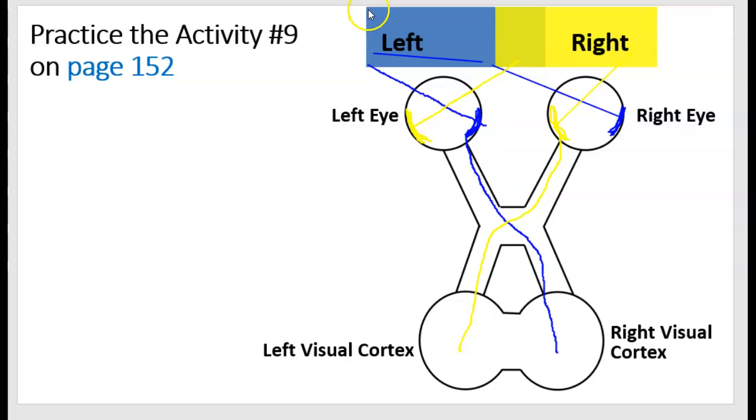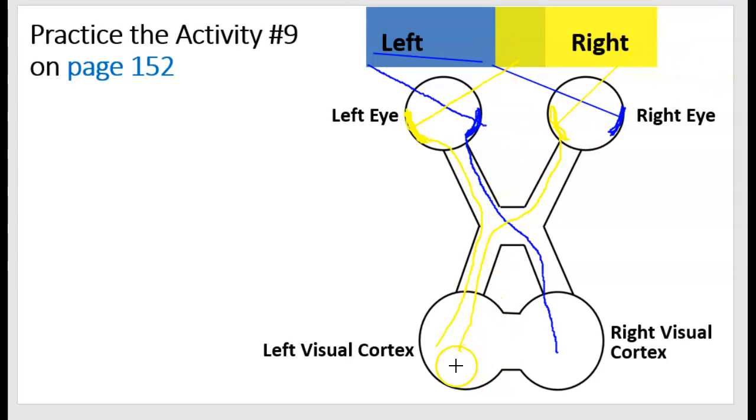However, there's some information that doesn't cross. For example, from the right field of view, that stimulated the lateral part of the left eye. So that information will stay on the left side.